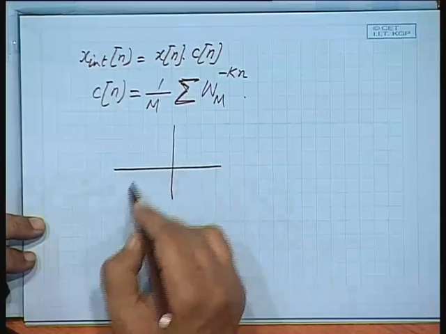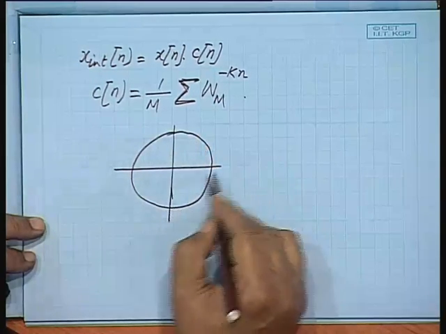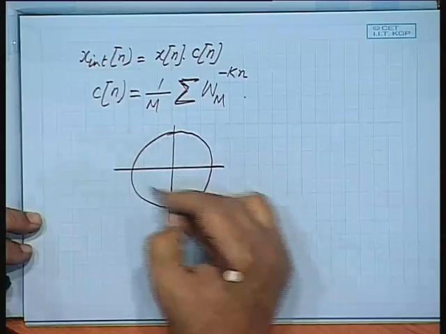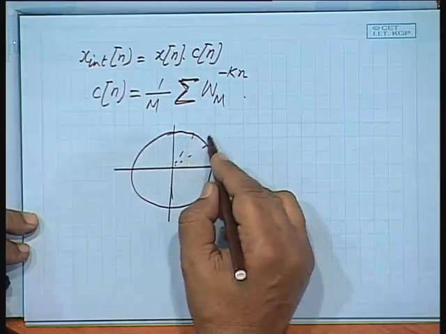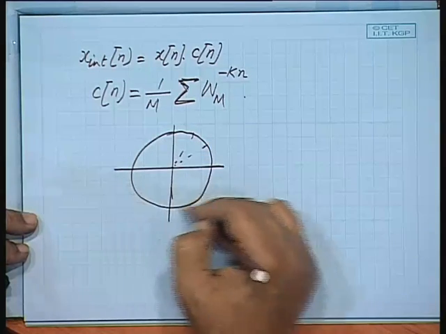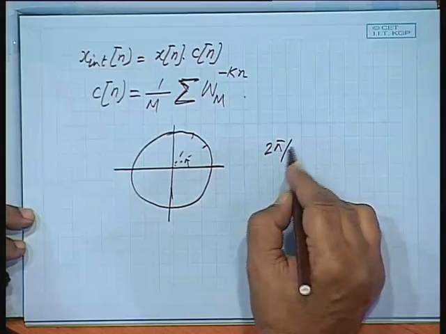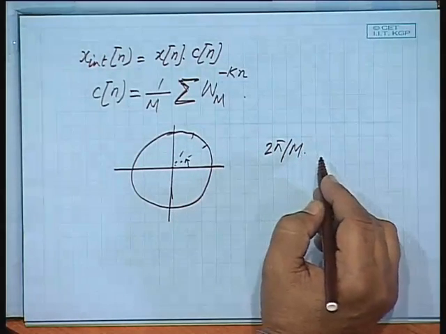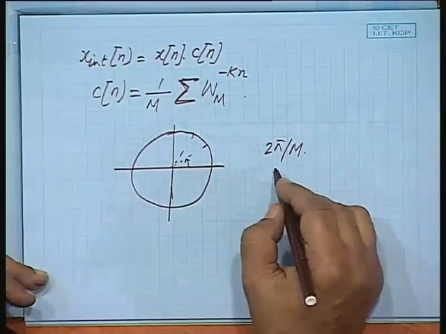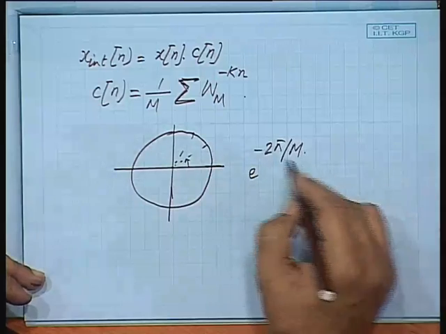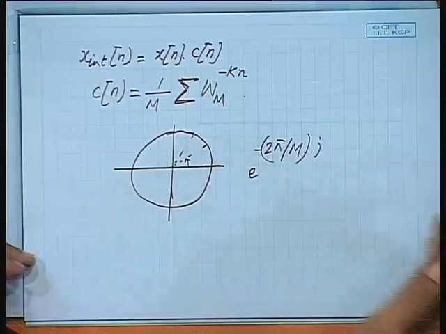A similar thing we have done earlier. Suppose this is 2 pi and you have divided it by some m number of equispaced points. So, what will be per segment angular shift? 2 pi by m. So, Wm is e to the power minus j 2 pi by m, which you have used in discrete Fourier transforms.